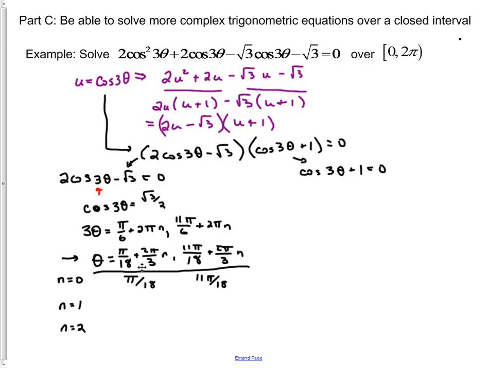Let n equal 1, what's going to happen? Well, I'm going to keep in mind here, 2 pi over 3 is being added to something over 18, which means I'm going to have to multiply by 6 to get that common denominator. And so this is the same thing as 12 pi over 18. And so remember, we're adding multiples of 12 pi over 18 to whatever number we've got right here.